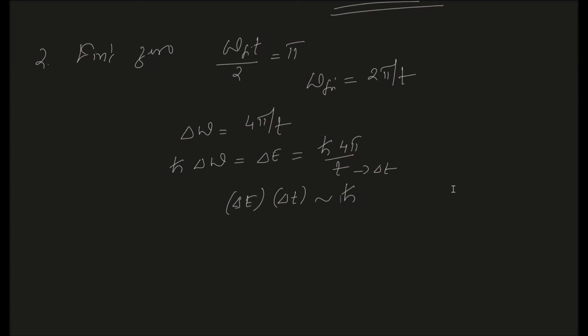Now ΔE is the mean energy change involved in a transition with appreciable probability. So if Δt is small, we will have a broader peak, and as a result ΔE can be very large.